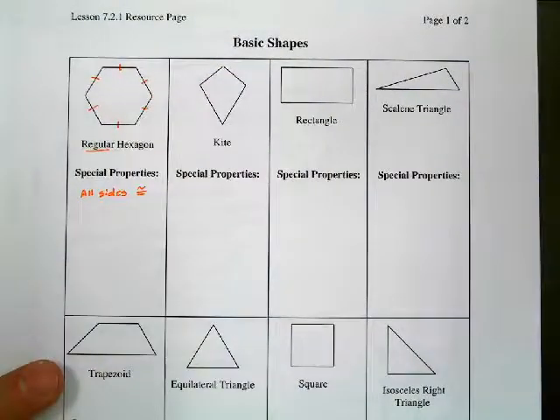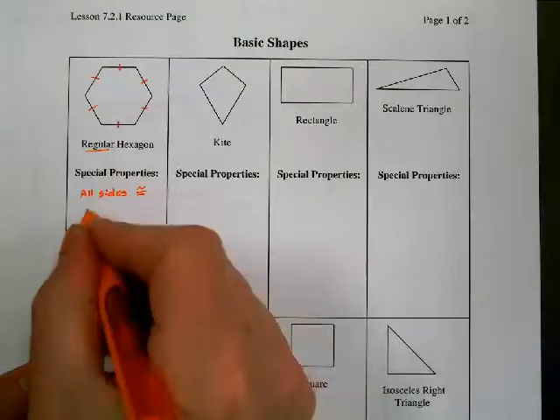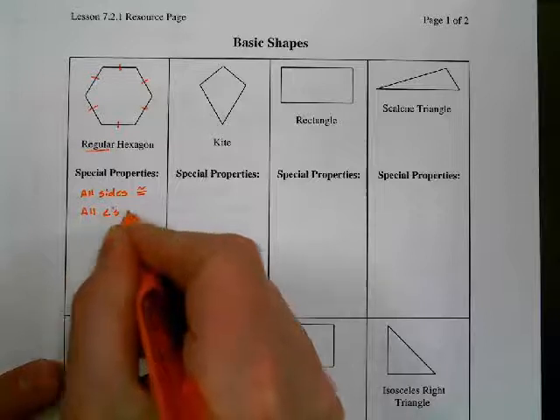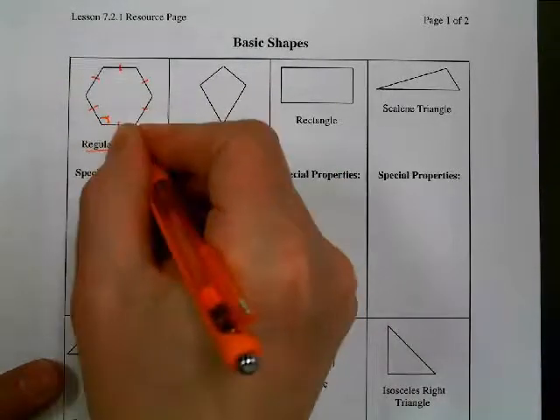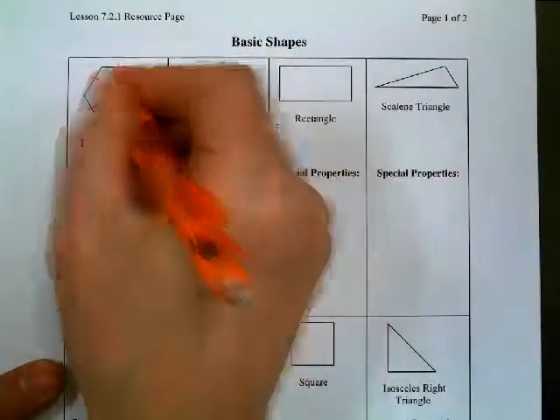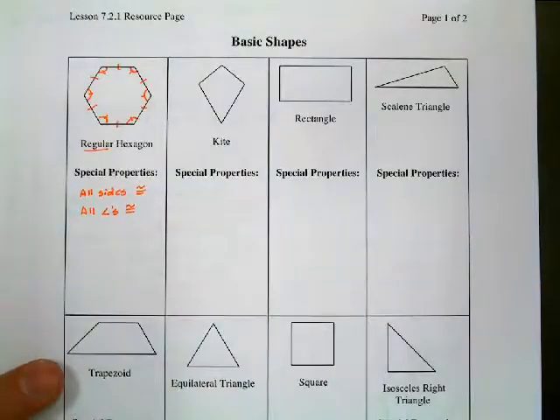Regular also means that all the angles are congruent. So this angle, and this angle, and this angle, and this angle, and this one, all of those 6 angles are congruent to each other.